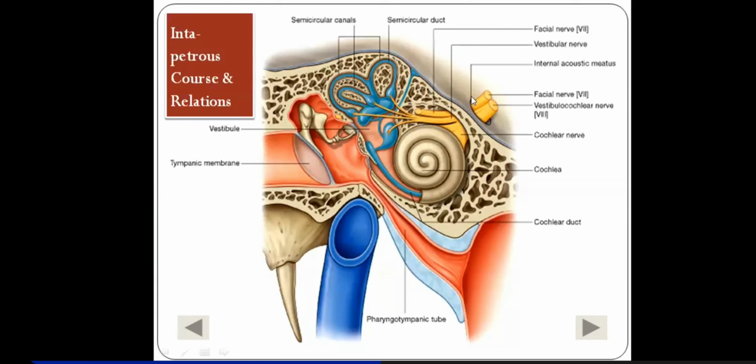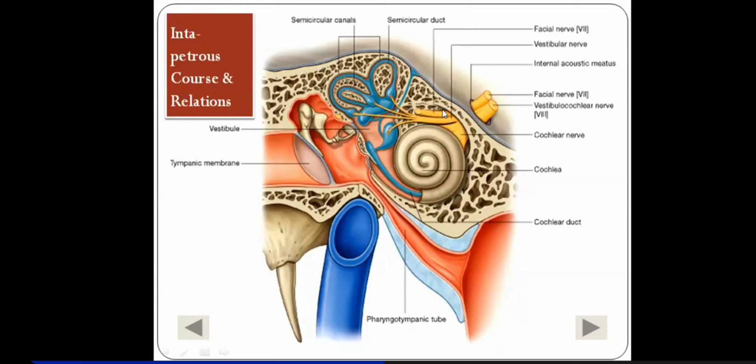Now you'll see this is the internal acoustic meatus, through which the facial nerve, vestibulocochlear nerve, as well as the nervus intermedius enter. Three of them enter inside, and while reaching the fundus, they all separate out. The cochlear nerve in the inferior vestibular area will reach the cochlea. Then you have the vestibular nerves, which will reach the respective macula and crista.